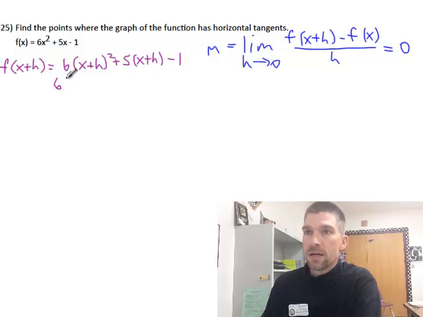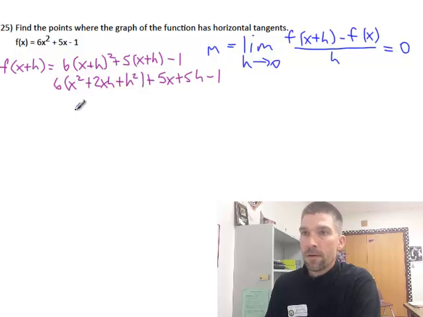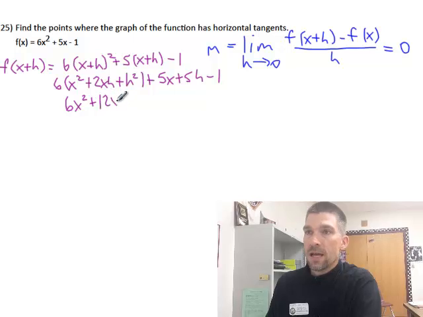And so 6 times x squared plus 2xh plus h squared plus 5x plus h minus 1, which is 6x squared plus 12xh plus 6h squared plus all this other stuff.